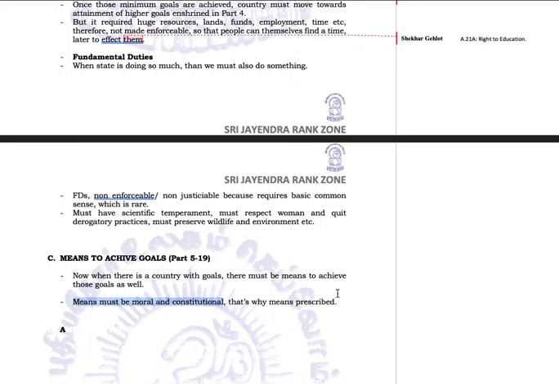That is why these means have been prescribed in the Constitution of India, because goals could be achieved by unconstitutional and immoral ways as well, but that is not what India or the fabric of India is, that is not what our country is.